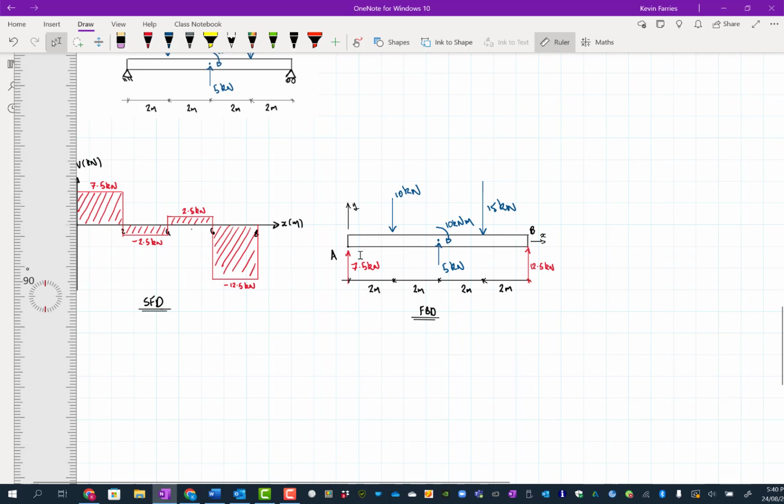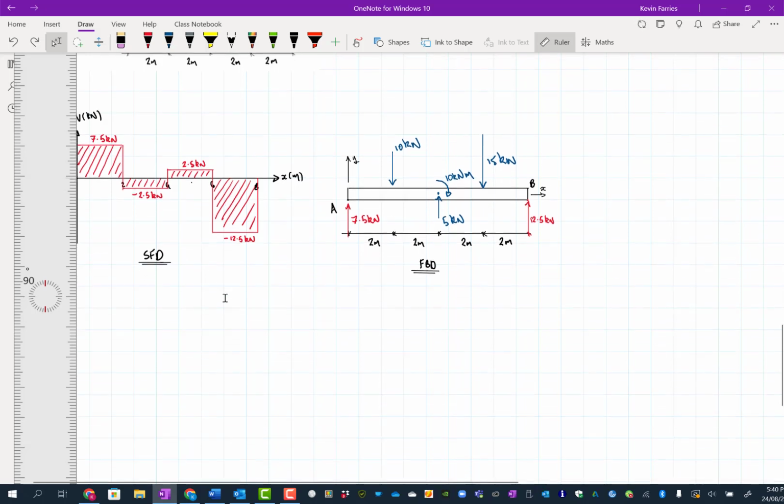And so it's going to be something like this, do you know what I mean? Because most of the loads are downwards. Sagging is positive, but on your bending moment diagram you're doing positive downwards. And I'm just trying to get a rough idea of what the maximum magnitude is going to be.